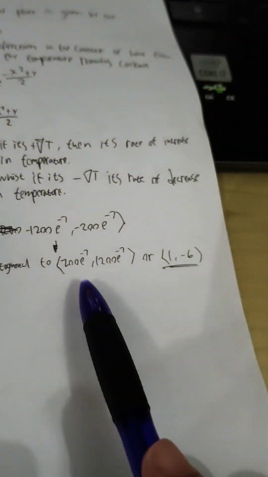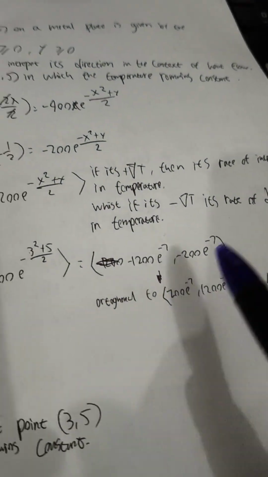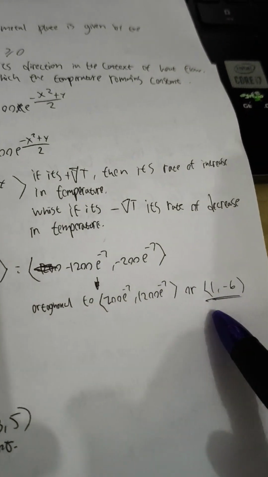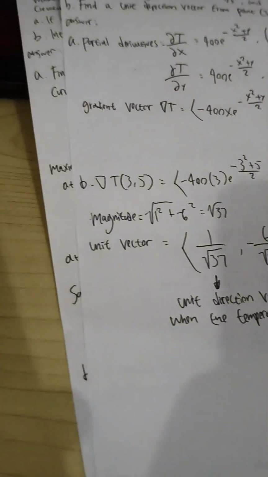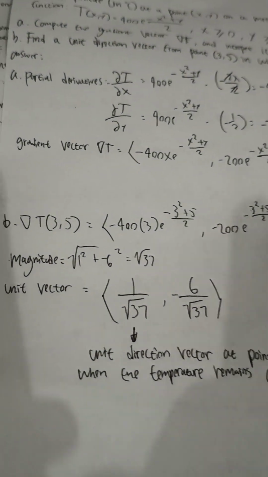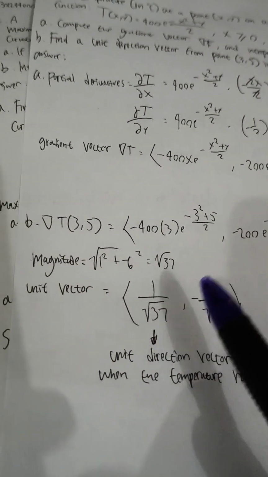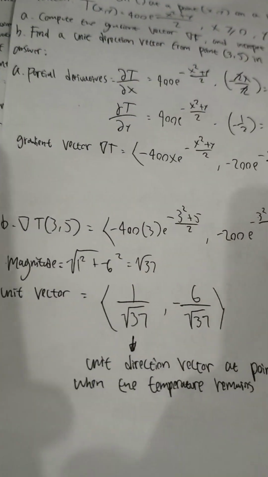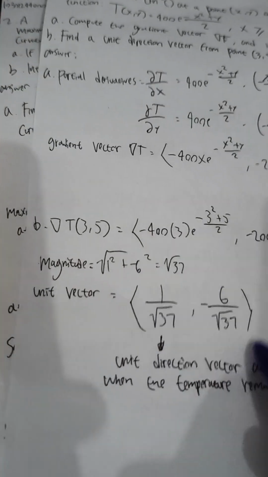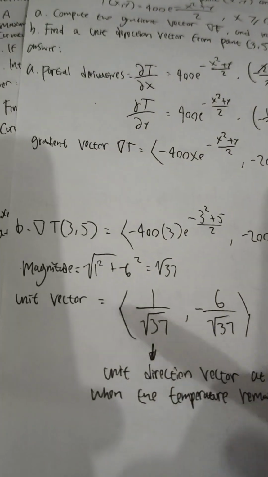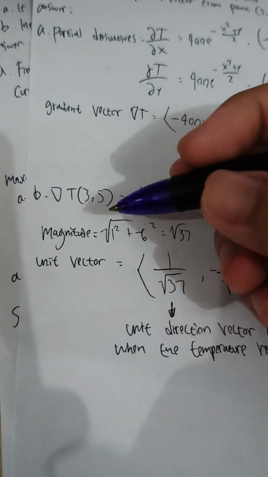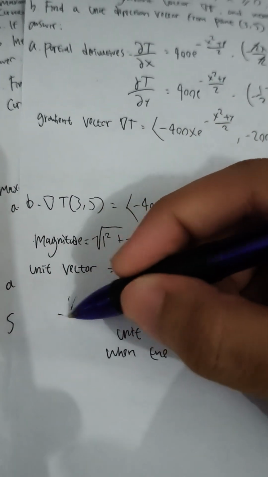And then we find a vector that's orthogonal to this, which is (1,-6). With that, we find the magnitude: 1 squared plus negative 6 squared, which is the square root of 37. Then the unit vector is this.